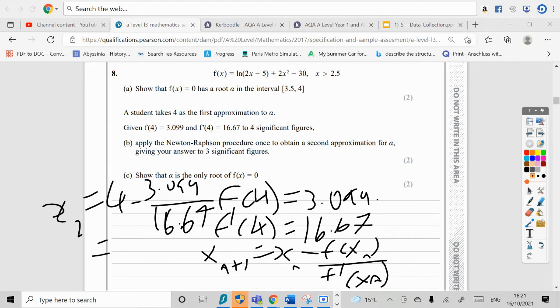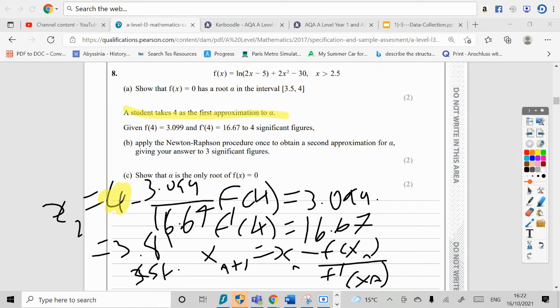Up to the calculator: 4 minus the fraction 3.099 divided by 16.67, and you get 3.81 to 3 significant figures. Okay, that is part B. The 4, by the way, is coming from the x1 in the question.